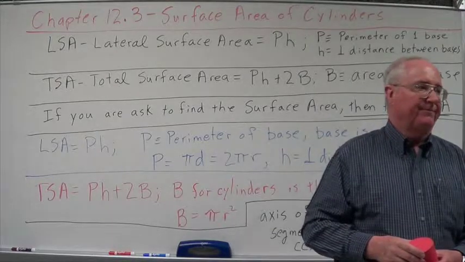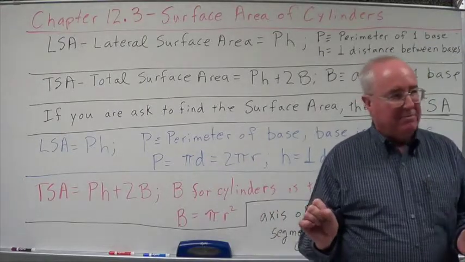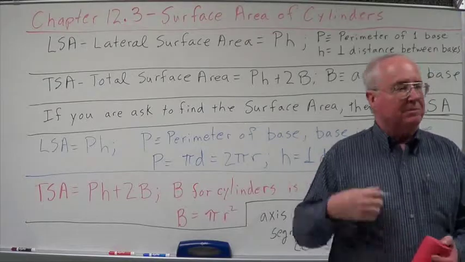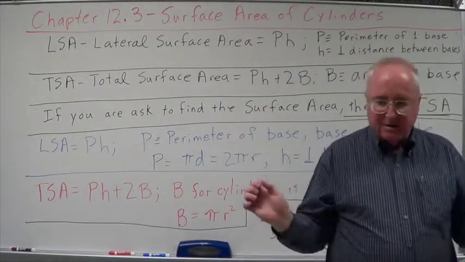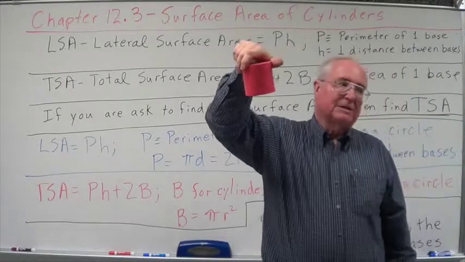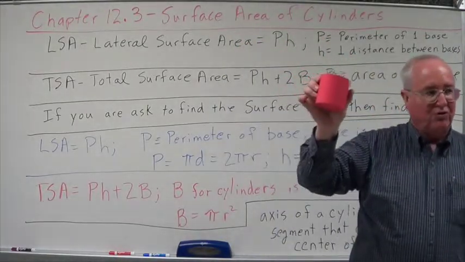You ever cut cans, make them flat so you can make something else out of them? Same thing. Cut off the bases, the top and the bottom. Cut them down the side. Oh, it makes a rectangle. That's all a cylinder is, a rectangle connected without any edges or corners.